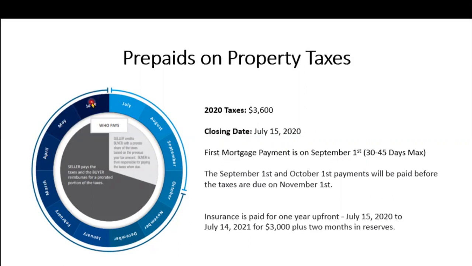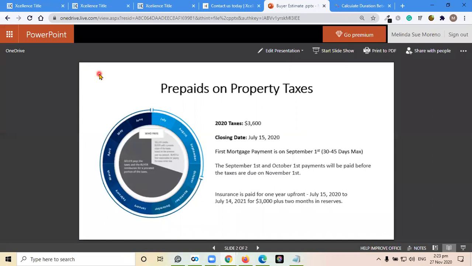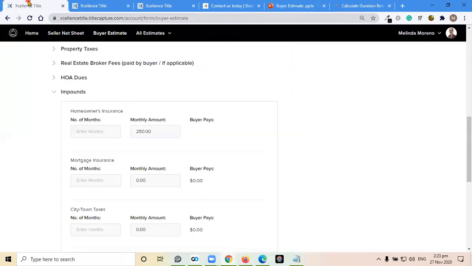So this means that the buyer is going to be short by 2 months for July and August in mortgage payments, and that is the reason that we put 2 months as a cushion in this field right here, because it's better to have an additional amount than to be short on the estimate.